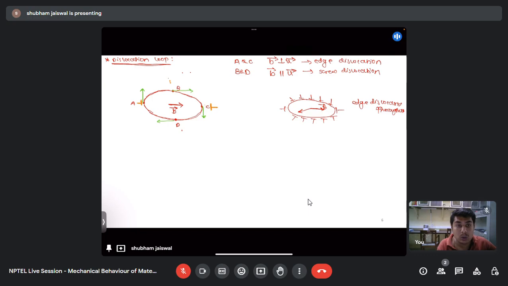And these loops are known as prismatic loops. So this was about the dislocation loop.